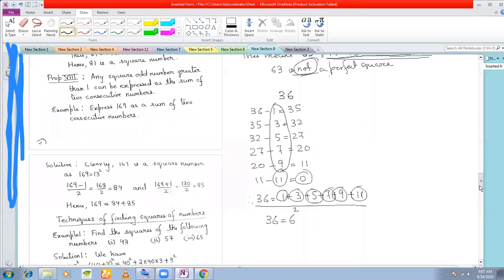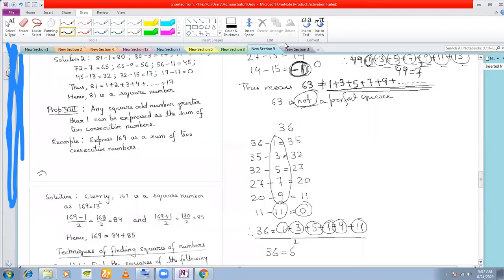Now, suppose I give you this question: find the sum of this. Can you tell me the sum of this in 2 seconds?